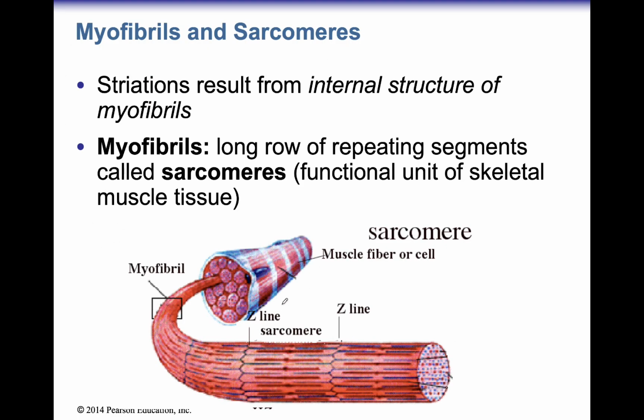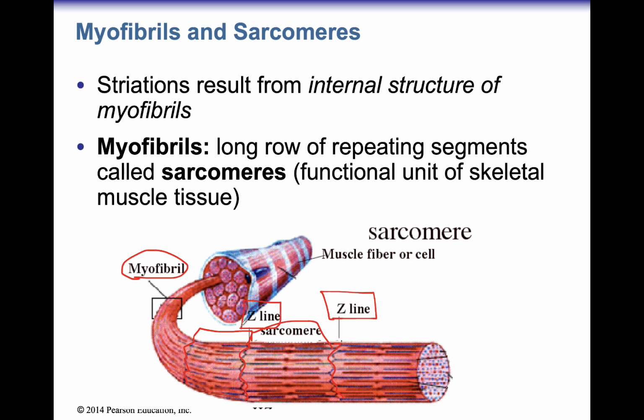Now, within that cell, again, we said that you have the muscle fiber. It's made out of units called myofibrils. And those myofibrils are made out of those continuous units that run from zigzag line to zigzag line called a sarcomere. The zigzag lines are actually called Z lines.